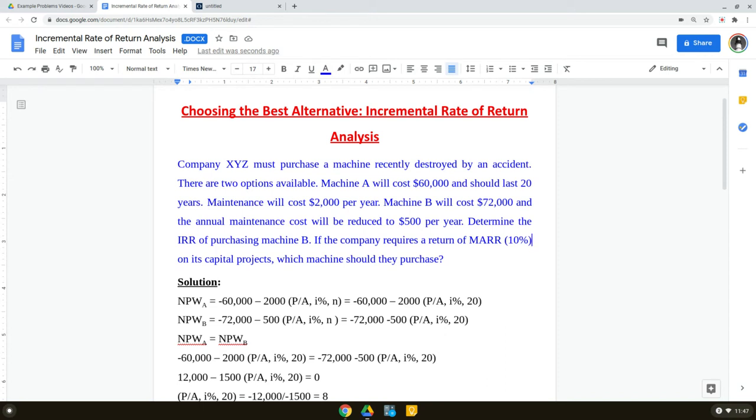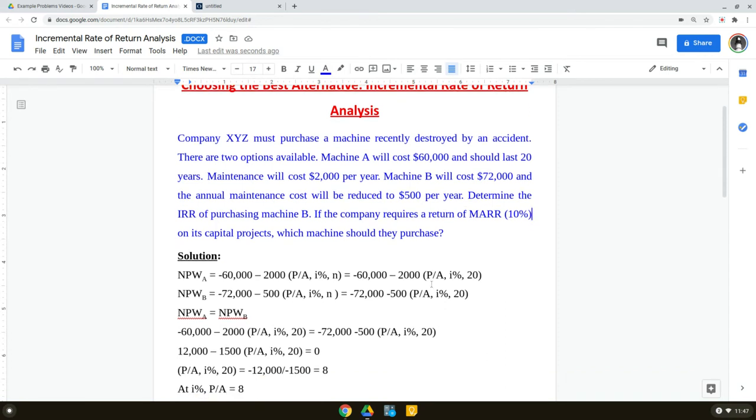So let's see how we can solve this problem, how we can calculate the internal rate of return. The first thing we need to do is write down the expression for net present worth for each option.